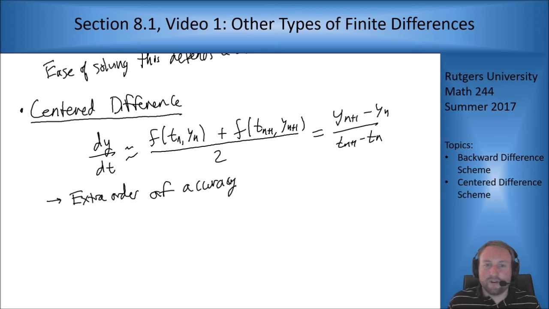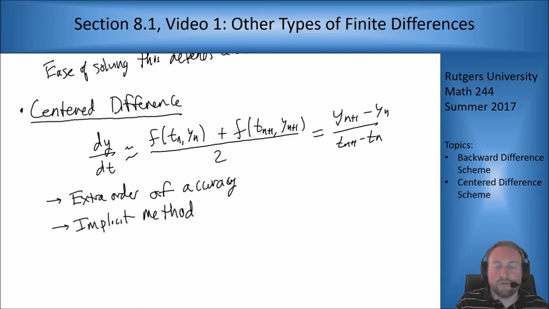It's closer to the derivative because you're doing an average of the two sides instead of one side or the other. If you average them out, you get a better result, and it's closer to the actual solution than either one of the original ones. So extra order of accuracy, but it's still an implicit method. So it's more complicated to solve, but it gives you an extra order of accuracy, which well outweighs how hard it is to solve.